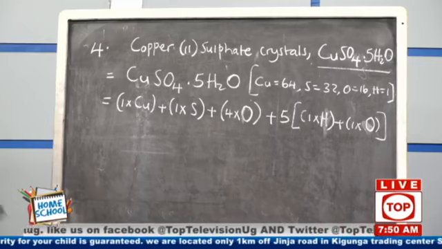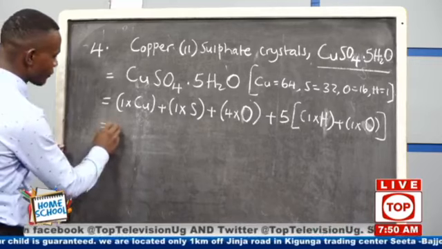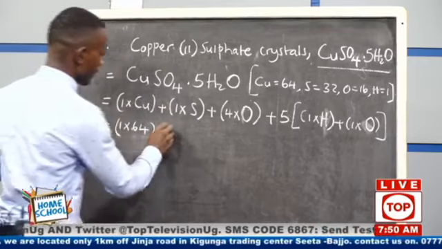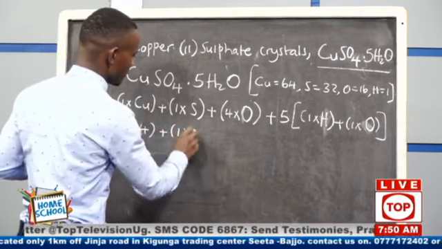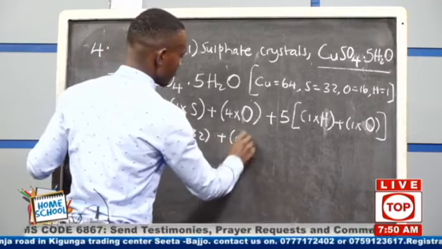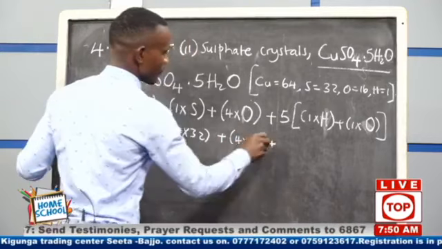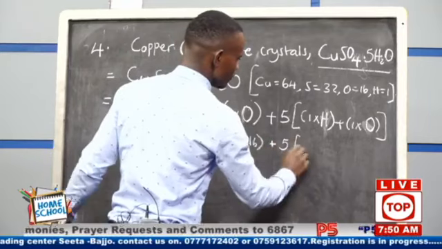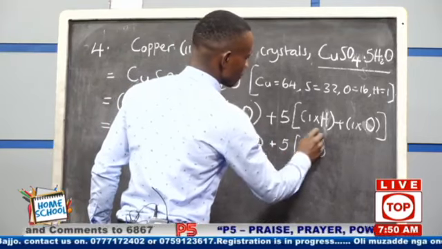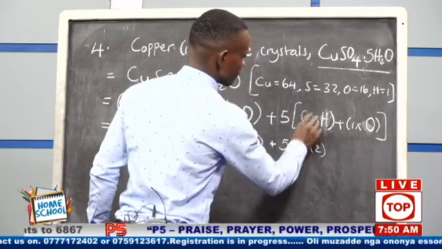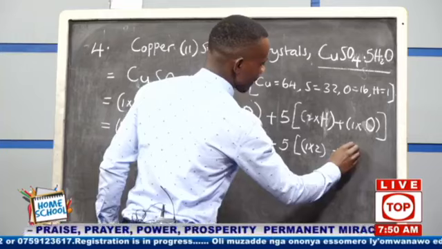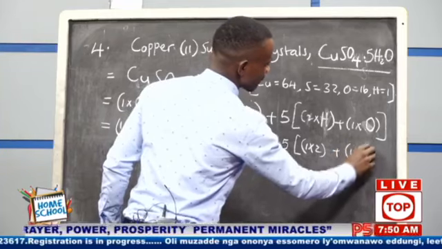After getting that, we now substitute. We say 1 times 64 plus 1 times 32 plus 4 times 16 plus 5 into 1 times 2, it is 2, plus 1 times 16.